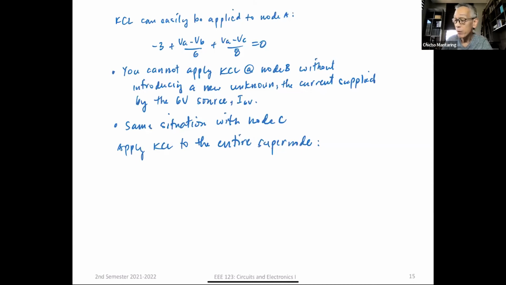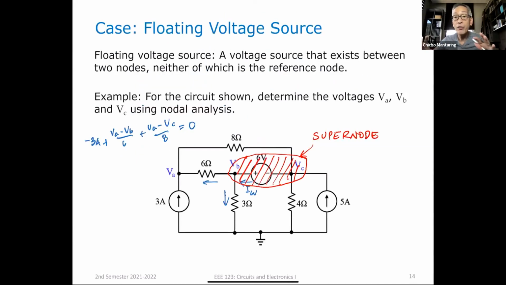Why can I do that? All the currents flowing into a supernode should be equal to all the currents flowing out of the supernode, or the algebraic sum of all currents leaving a supernode should be equal to 0, because a supernode is like a node. It is not capable of accumulating current. It has no current storage capacity.